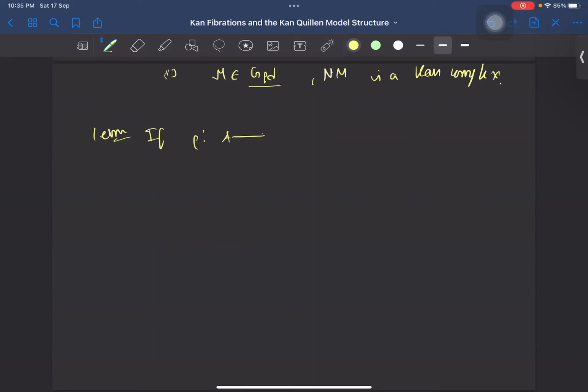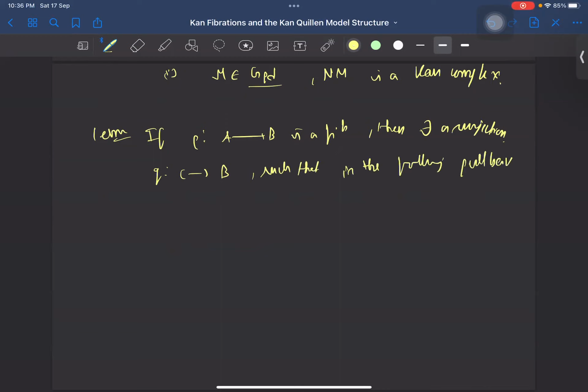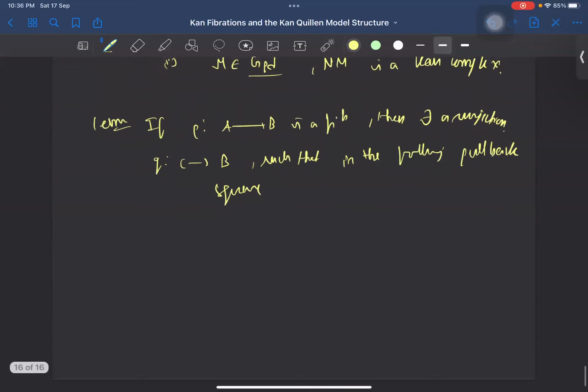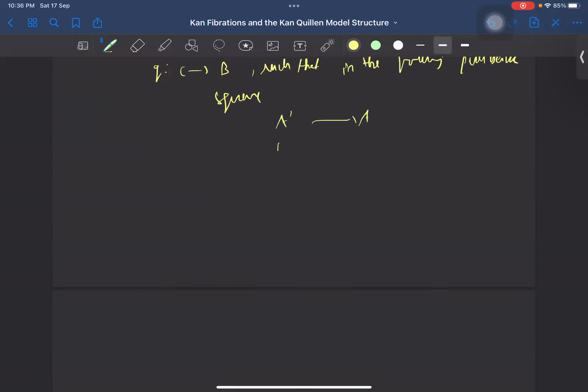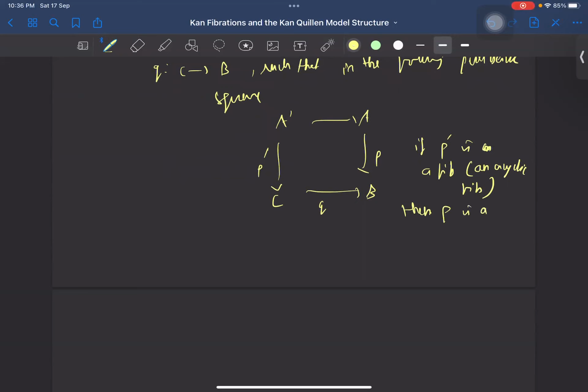If you have a fibration, let me call it P, then there exists a surjection C to B such that in the following pullback square, a pullback square looks like this, if P dash is a fibration or an acyclic fibration, then P is also the same.